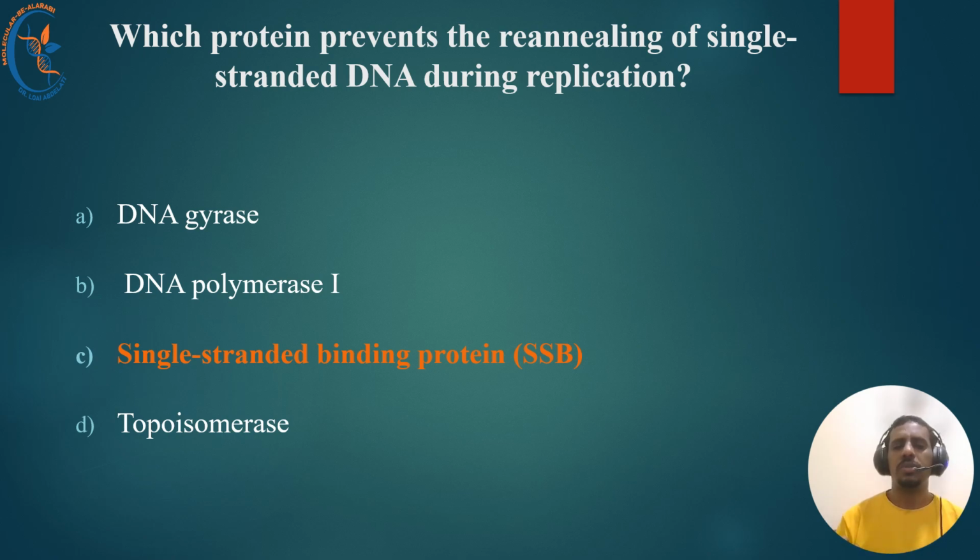But how does it work? The single-strand binding protein binds to the single-strand DNA exposed during replication and stabilizes it, preventing the strands from re-annealing or forming secondary structures. This ensures that the DNA remains available as a template for the replication process. All right, let's move on.